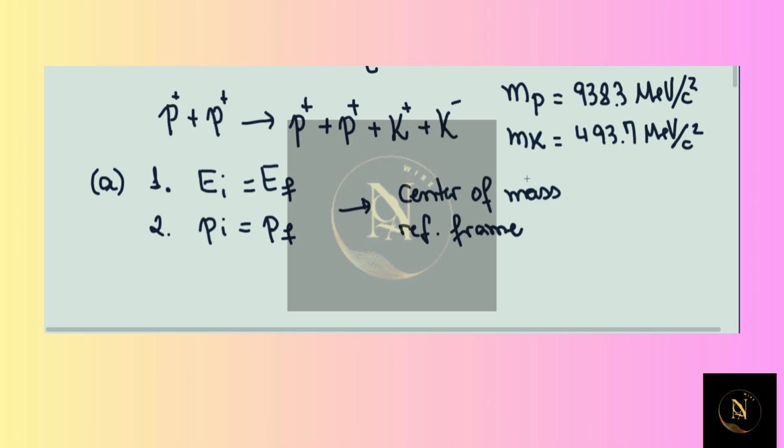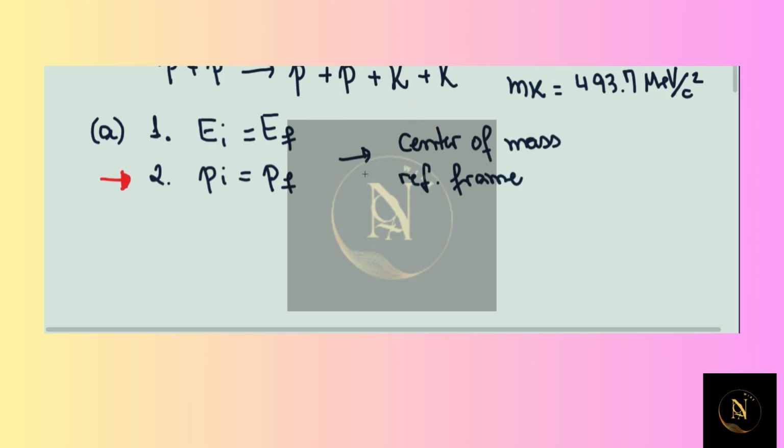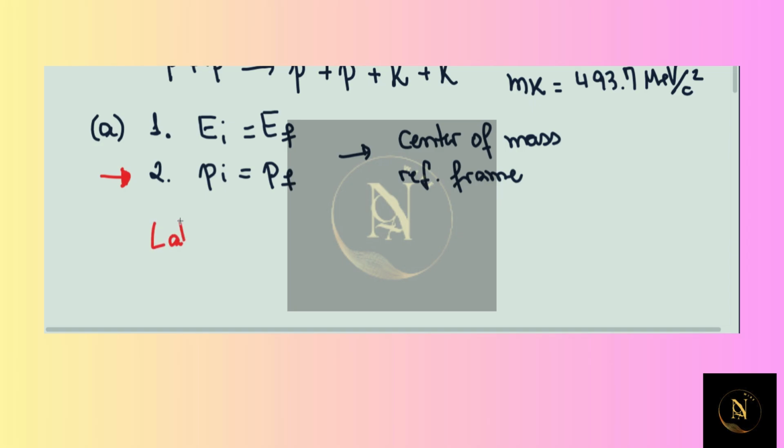In this reference frame, the total initial momentum of the particles is zero. So the final momentum is also going to be zero. This makes the second equation, the conservation of momentum, trivial and makes things a lot easier. So notice that in the lab reference frame, we have a proton moving, another one at rest.